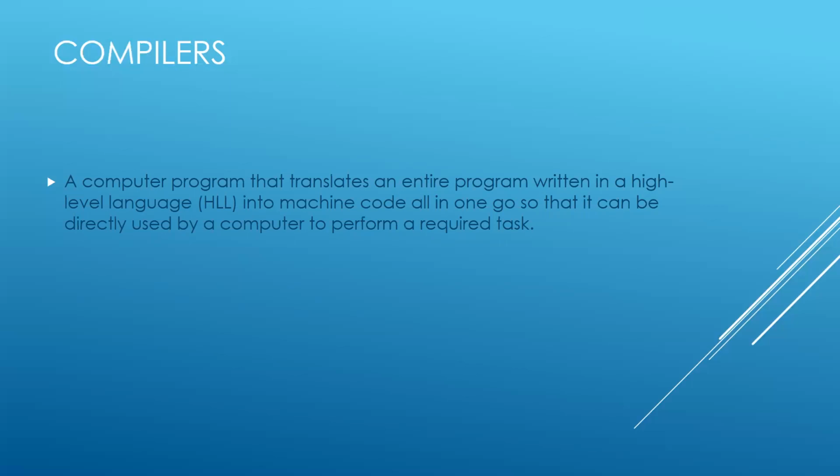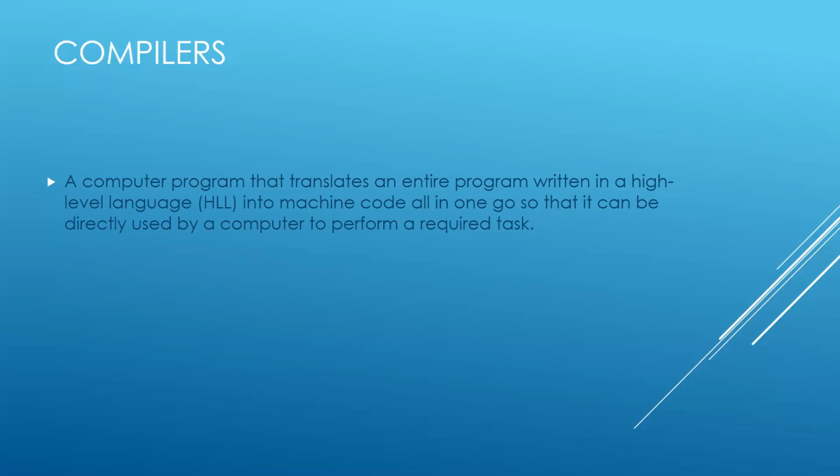On the contrary, the second one is translating each line separately and showing me the result. So the first one is working like a compiler. As you can see, a compiler is a computer program that translates an entire program written in a high-level language into machine code in one go, the way the first student did the translation all in one go. Similarly, compilers translate all in one go.